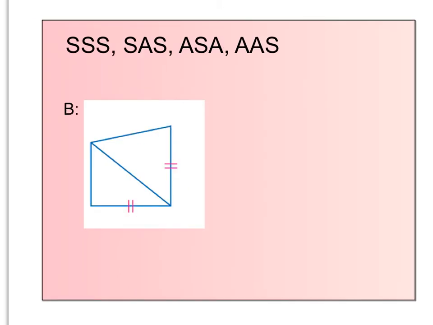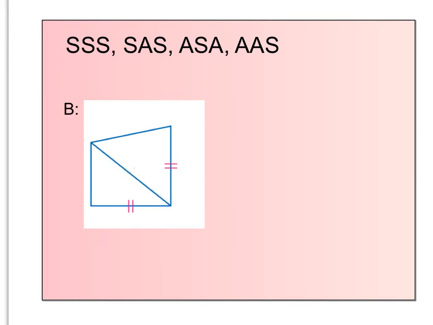Part B, is this enough information to know if the two triangles are congruent? Well, I only have one pair of sides that are marked. Think about the side in the middle that they share. Is that the same length in both triangles? Is it the same length in the bottom triangle as it is in the top? It is, isn't it?